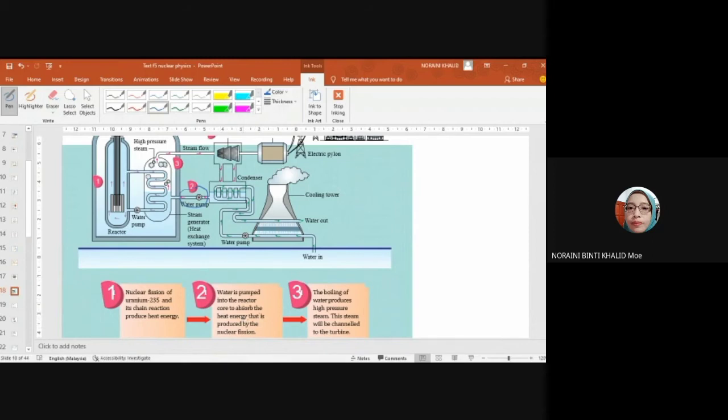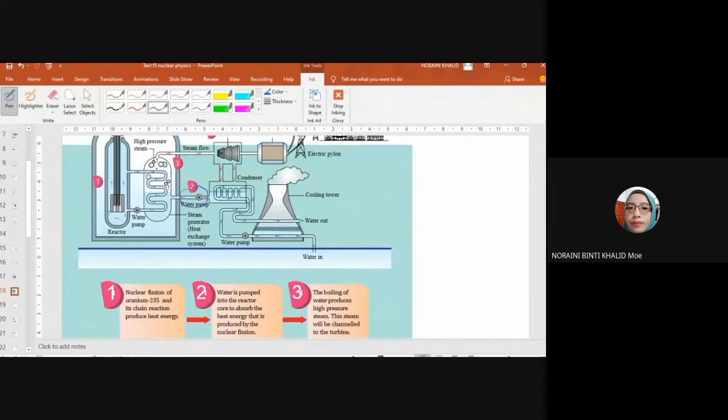So what happened? The water boils. The boiling of water produces high pressure steam. So this steam will be channeled to the turbine. Steam flows here. You can see number 4 is the turbine.